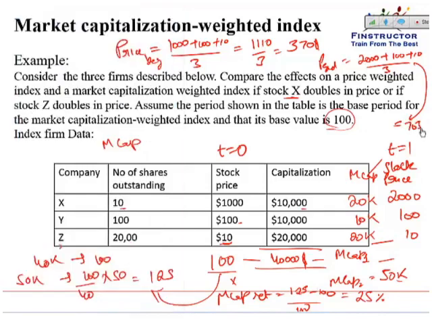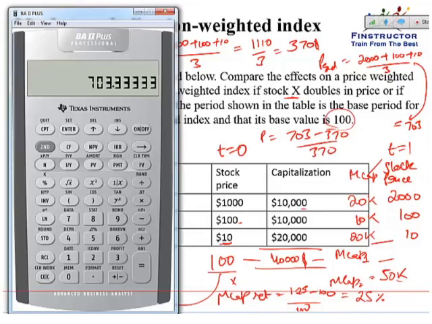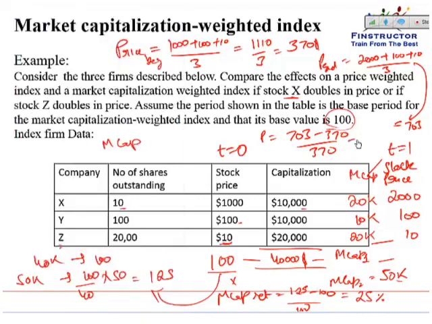So near about doubling. So the return of a price weighted index would have been 703 minus 370 divided by 370. So we see that a price weighted index has essentially doubled in value, or given near about a 90% return, whereas a market cap weighted index has given just about a 25% return.